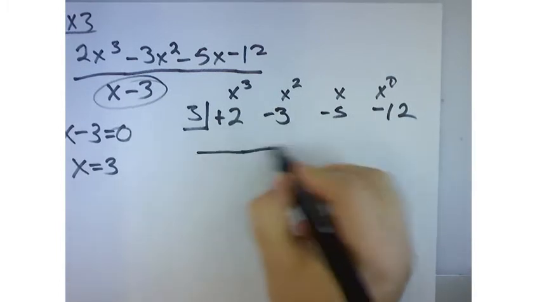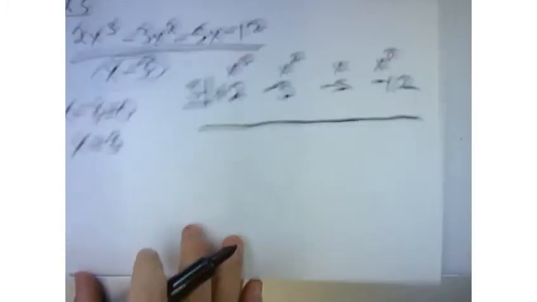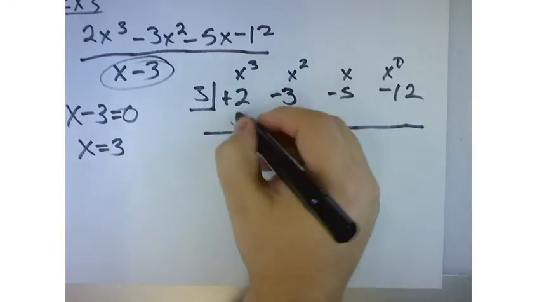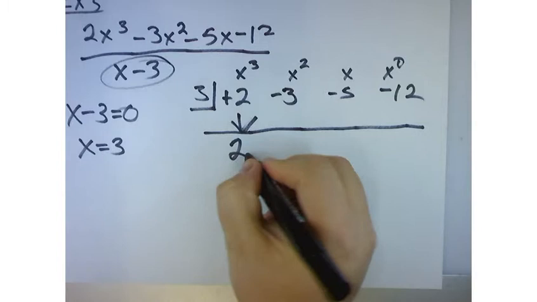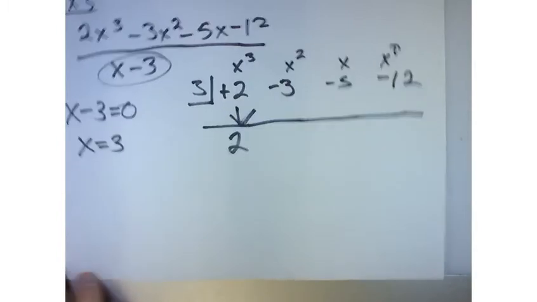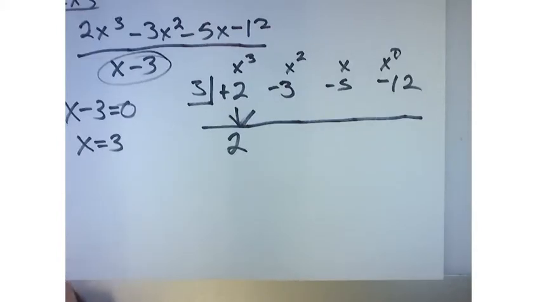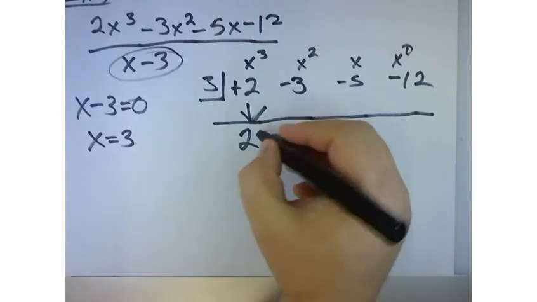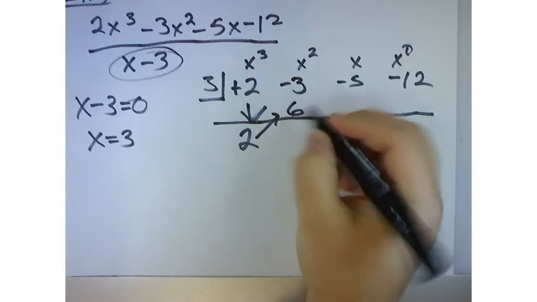Now this is how this works. The first thing you do is drop down the 2. Now, what is 3 times 2? So when you go from here to here, you multiply. Add those up.